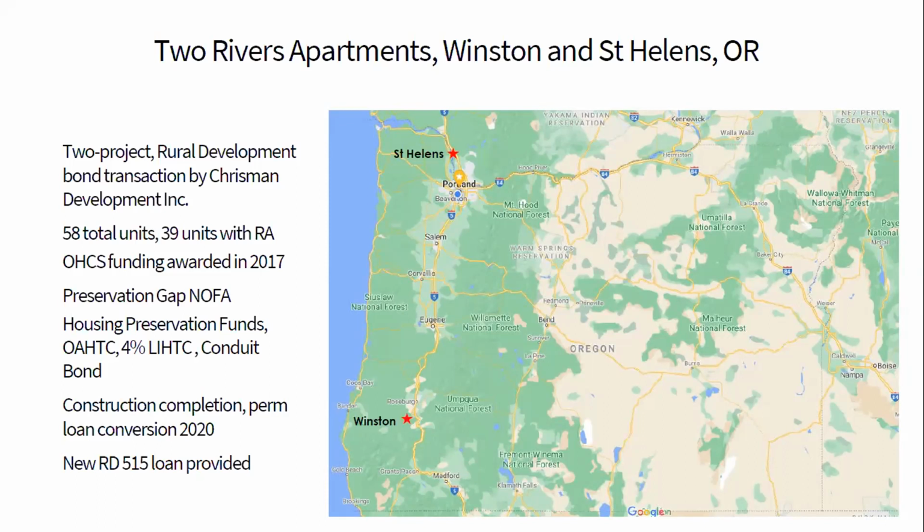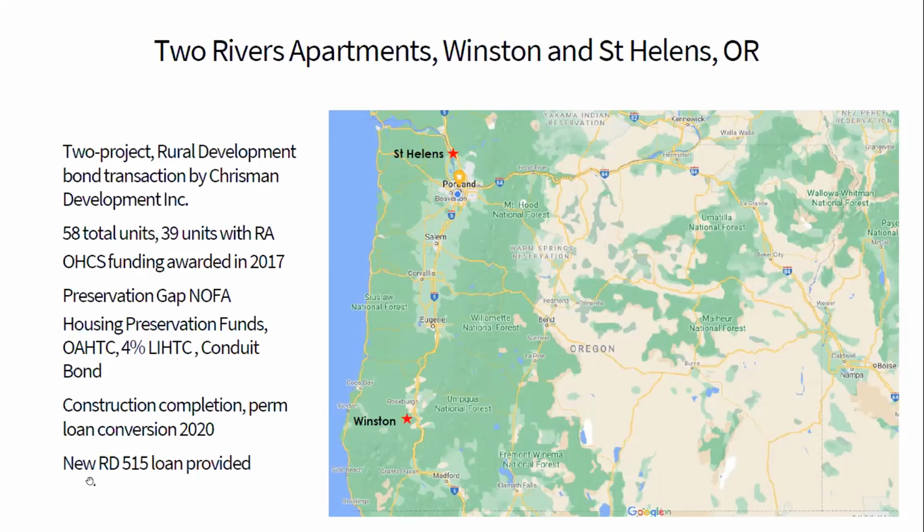And that provided Oregon Affordable Housing Tax Credits, a big award of housing preservation funds, which are grants, and the low-income housing tax credits and conduit bond. Construction was completed in 2020, and the construction loan paid off and converted.